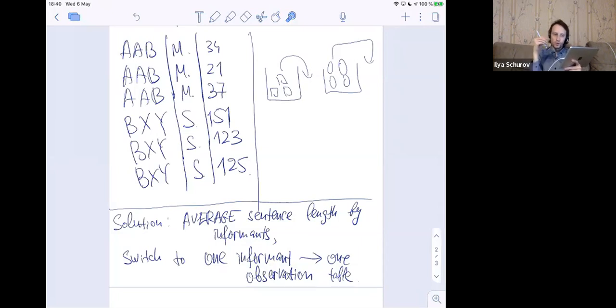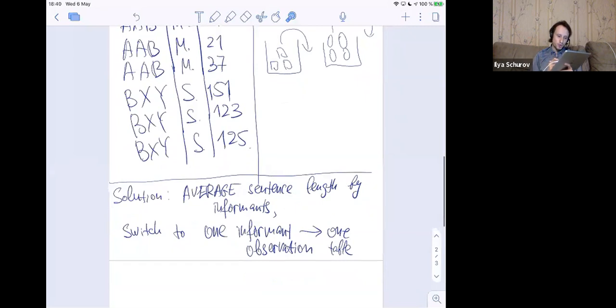And when we do this averaging, we forget about these aspects of our data. So we remove some part of our information. And actually, people use this kind of averaging, this kind of summarization, but it is also possible to consider it in a bit different way.